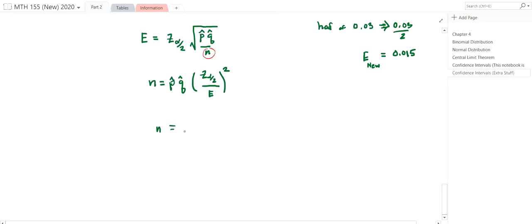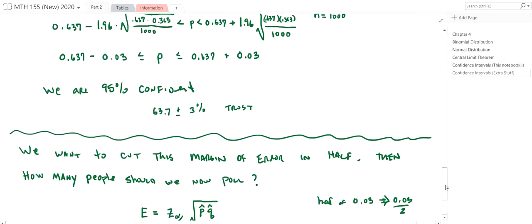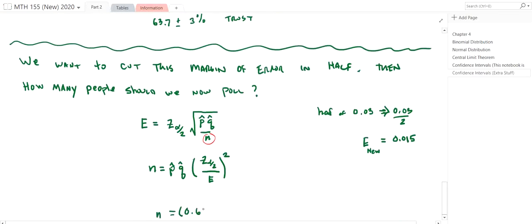So then n is going to equal p hat, 0.637, and q hat is 0.373.